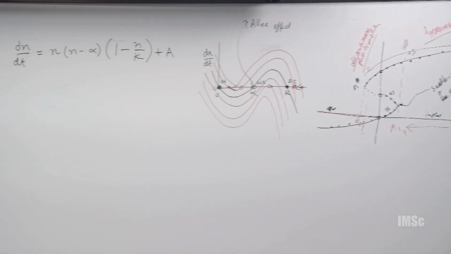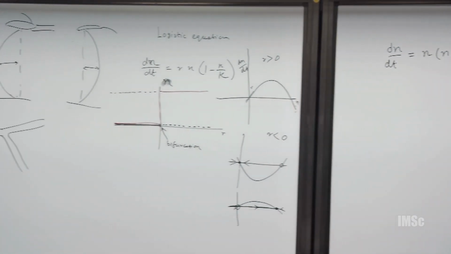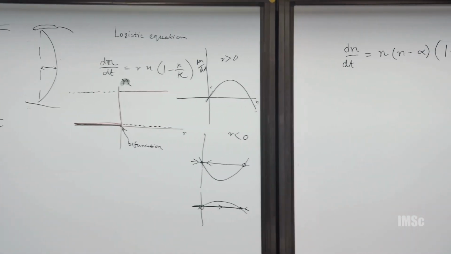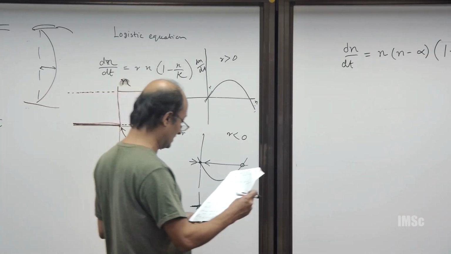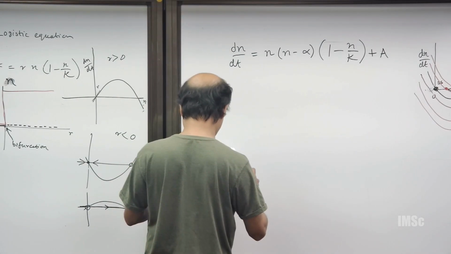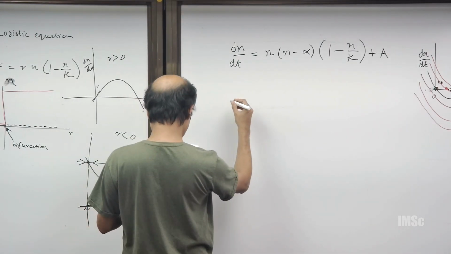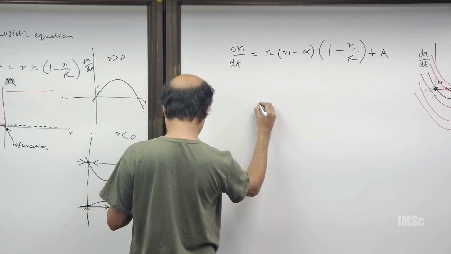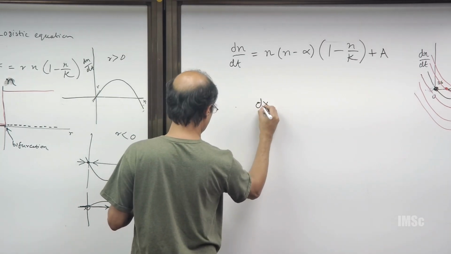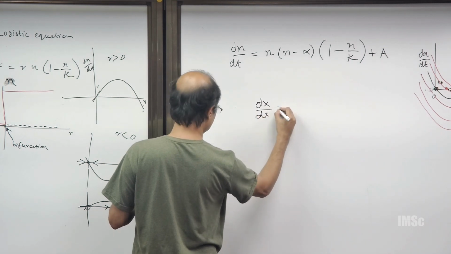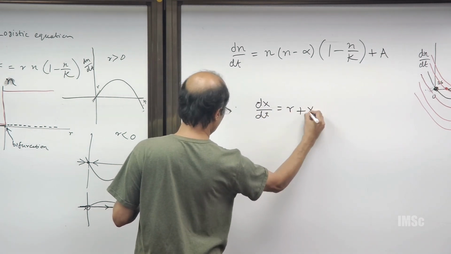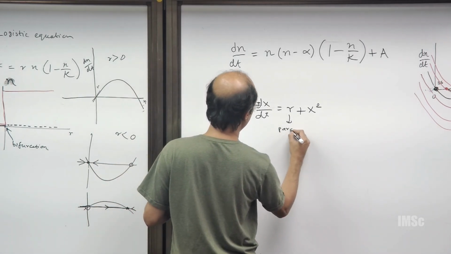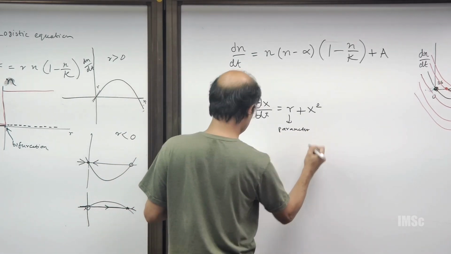So you might say, is there a particular universal form that I can associate with each of these bifurcations? Well, yes. This is the so called normal form. Typically a saddle node can be written as any equation which you can reduce to something like r plus x square, where r stands for the parameter that you are changing.